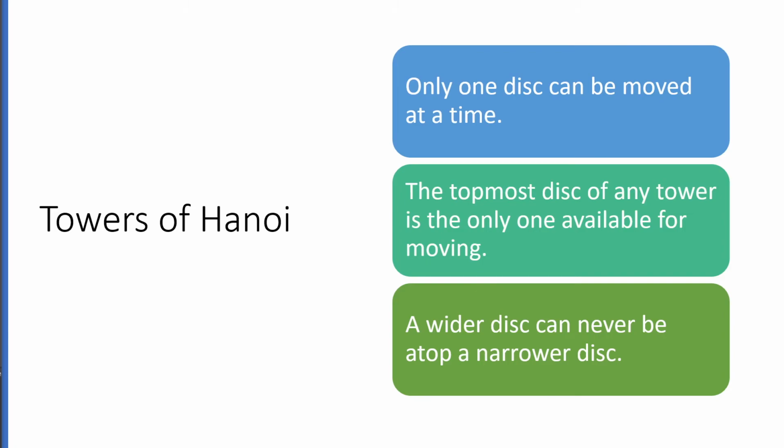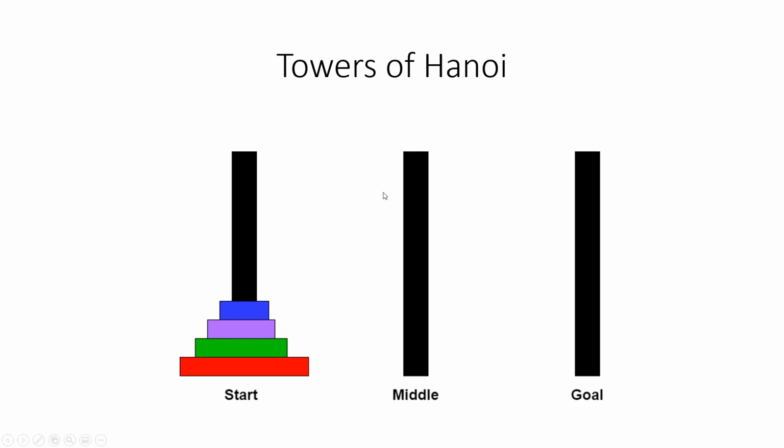So you probably have seen the Towers of Hanoi at some point or another. Once you see a picture of it, you'll know what I'm talking about. But you have 3 towers. Let me just skip ahead. You've got 3 towers. Only one disk can be moved at a time, and only the topmost disk of any tower is the one that can be available for moving.